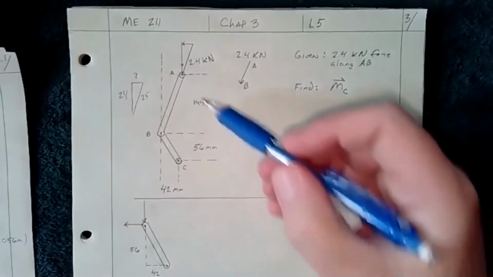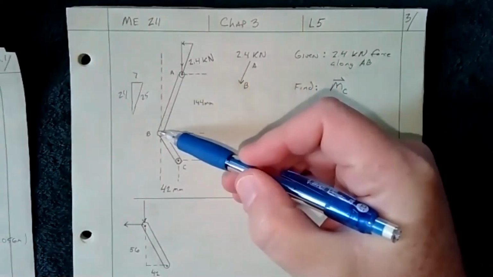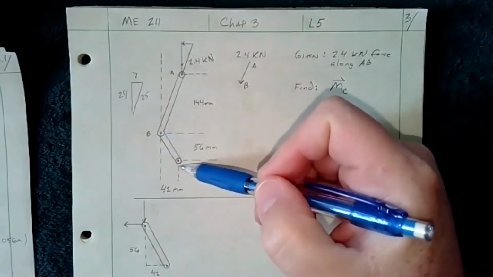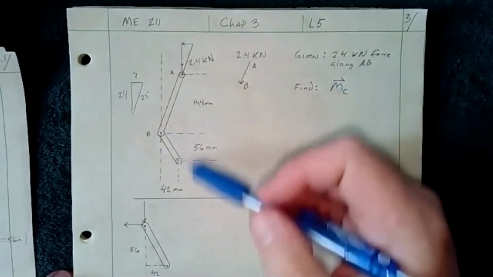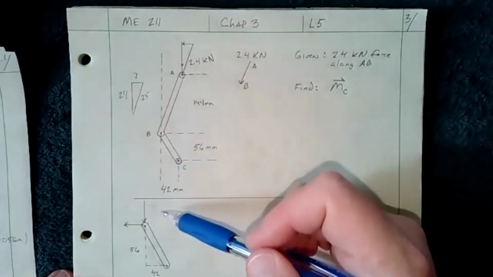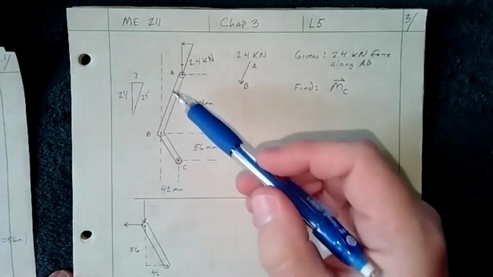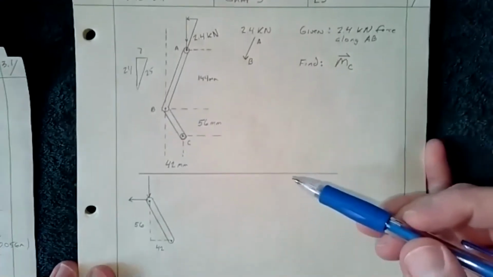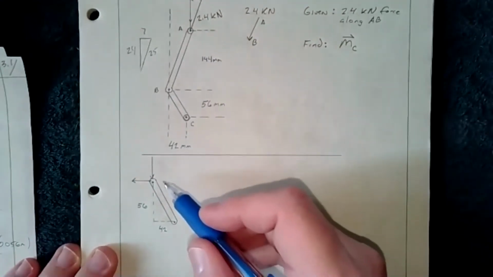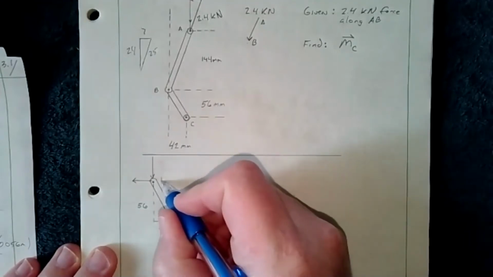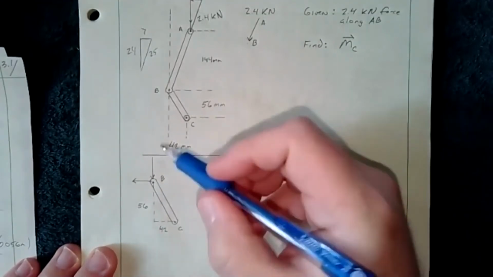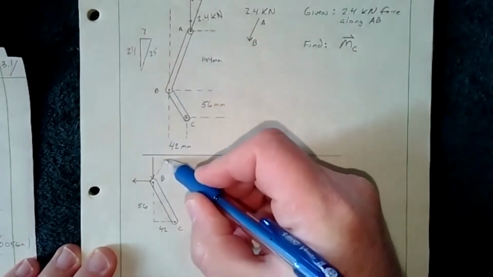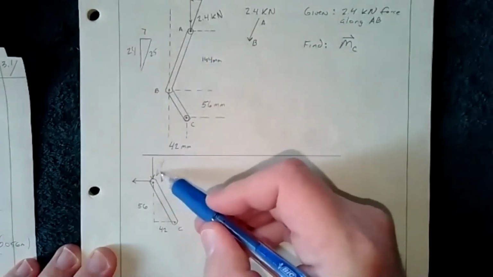So we have the 2.4 kilonewton force going down here. We want to find what moment is created by that. All right, so two ways we can do it. First off, let's look at how the force affects this system. We know it comes down here. And if we were to draw this lower part, this is BC, we know that this force coming in at an angle is actually two parts of a force, isn't it?